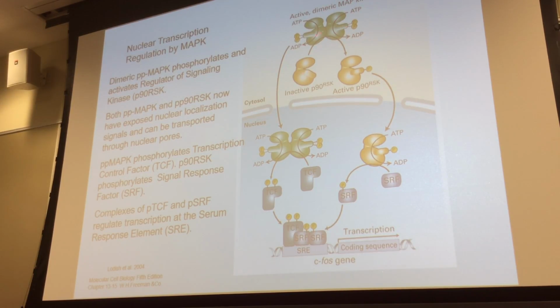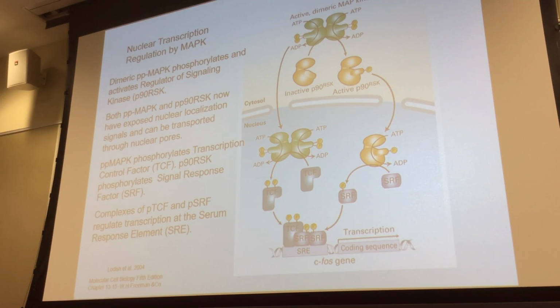Which then can interact with a dimer itself, and that allows it to get into the nuclear pores and cross into the nucleus if it's going to activate transcription.